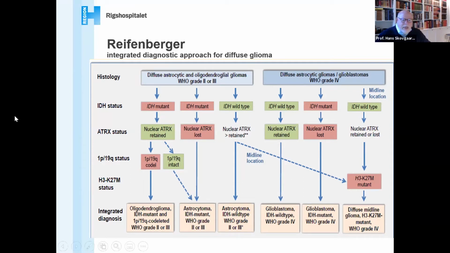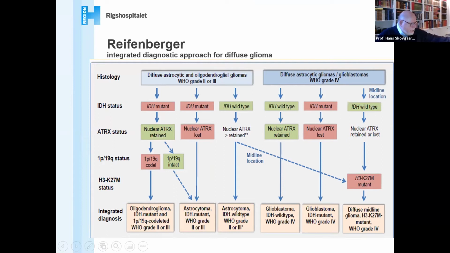And I don't want to go through all this, but the IDH1 status is one important thing, whether it's mutant or a wild type. The mutant is very often in the low-grade gliomas, and the wild type is very often in the glioblastomas.